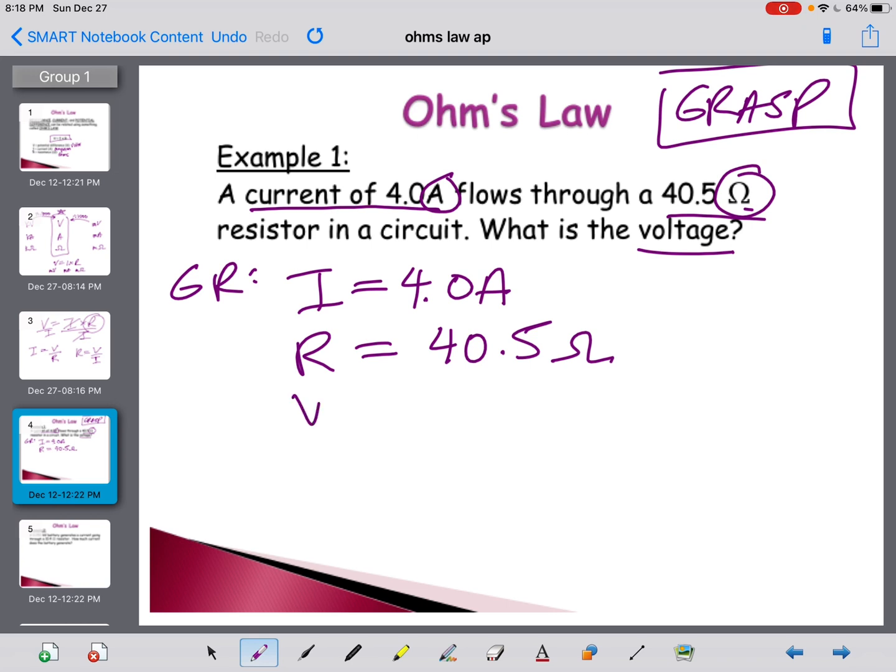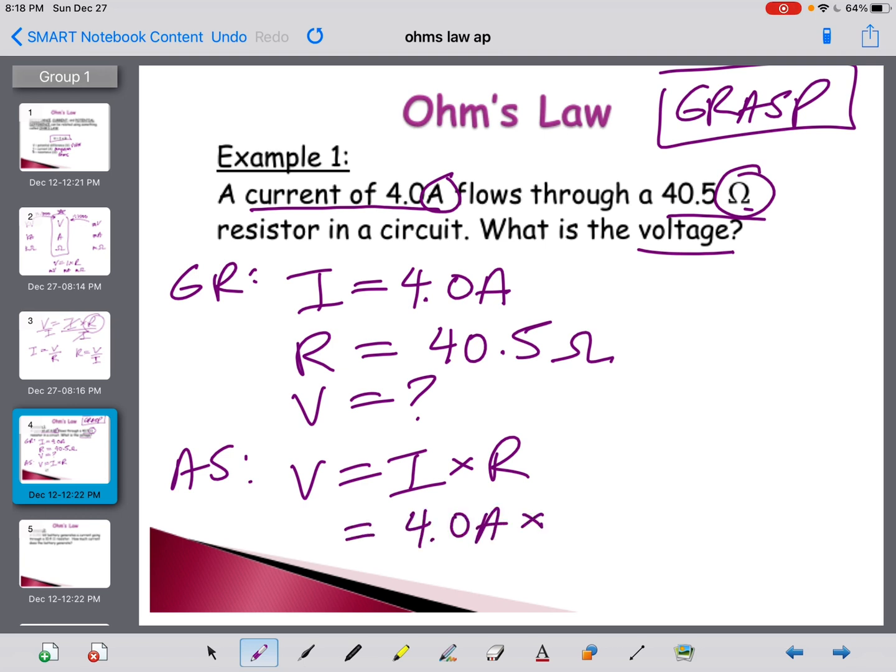And of course, we're looking for the voltage, which is the same thing as potential difference. So this is just our original formula, V is equal to I times R. So the units are in the proper format. So we're going to simply plug in here. So we have 4.0 times 40.5, which gives us 162 volts.